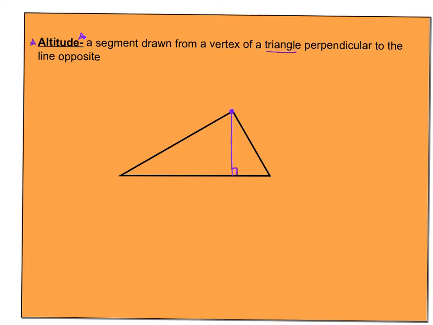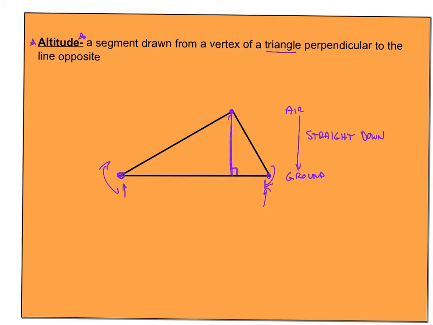If you think about it like this, this is the ground and you're up in the air. That's considered your altitude. How far is it straight down? That's one way to think about it. Technically, I could rotate the triangle and draw an altitude from this vertex or this vertex, but we don't have to get crazy here.